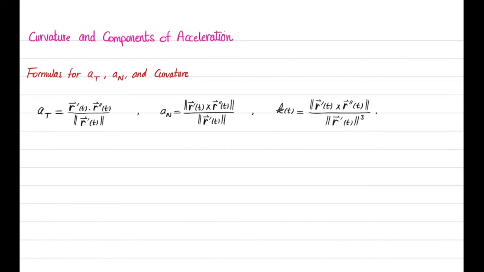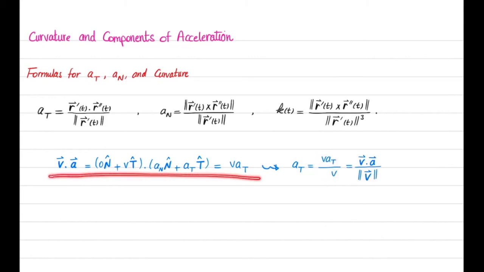For the tangential component of the acceleration, we can form this dot product, which is equal to, so this is the velocity vector and this is the acceleration vector. And the dot product will give us this equation. So then we can write that the tangential component of the acceleration is equal to V A_T divided by V, which is equal to this fraction.